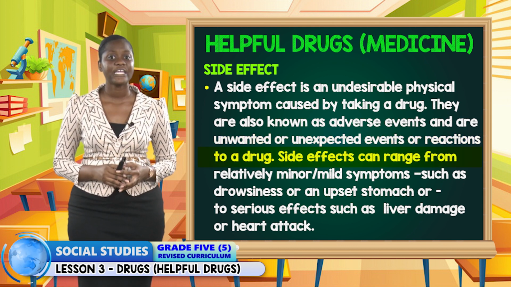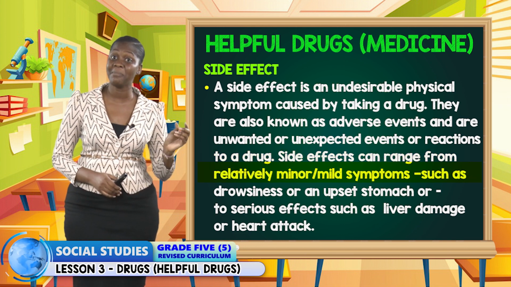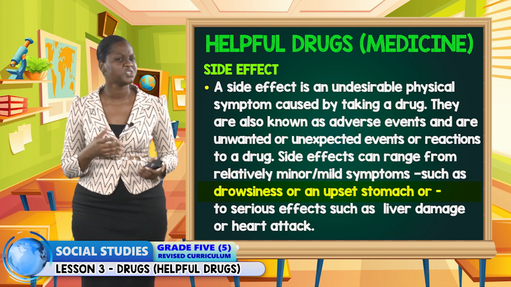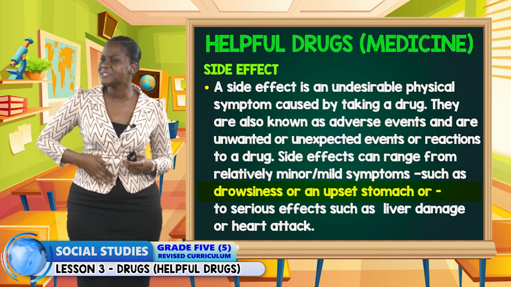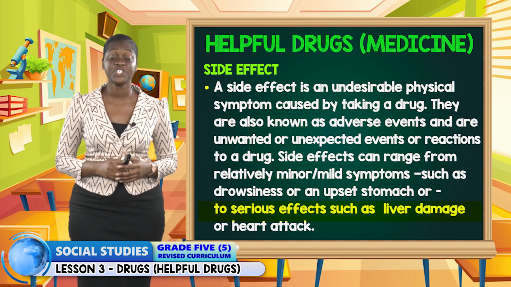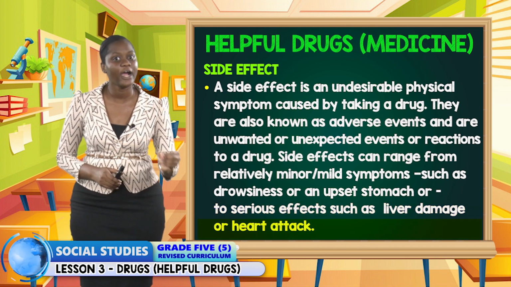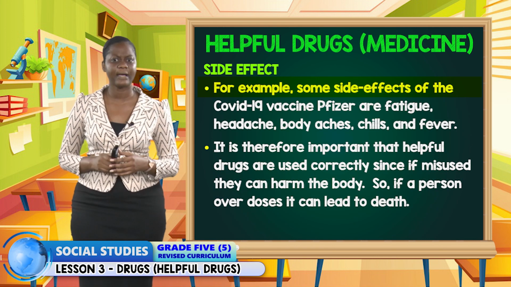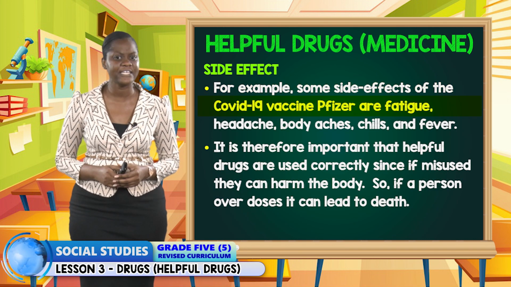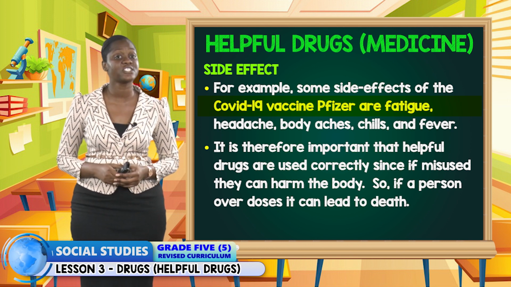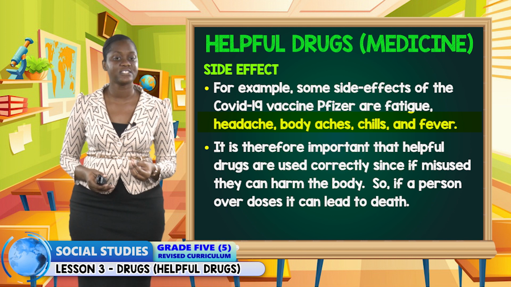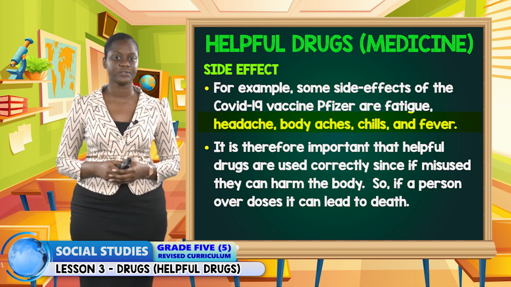Side effects can range from relatively minor or mild symptoms such as drowsiness or an upset stomach to serious effects such as liver damage or heart attack. For example, the common COVID-19 vaccine Pfizer has side effects such as fatigue, headache, body aches, chills, and fever.